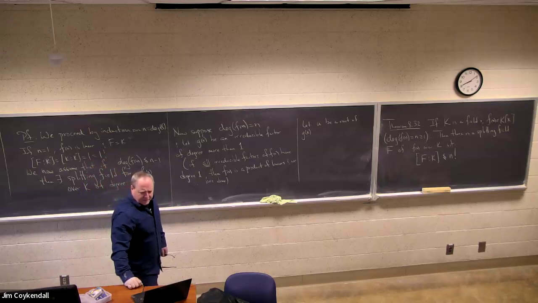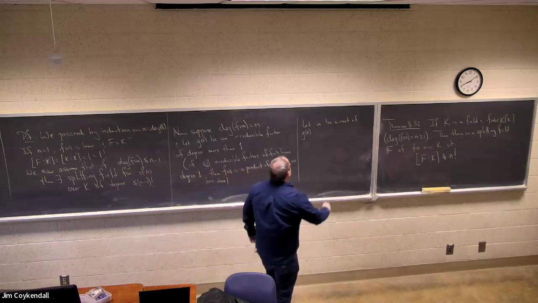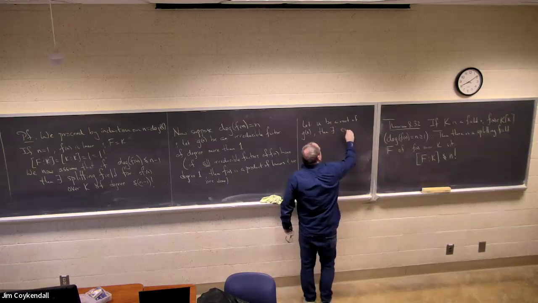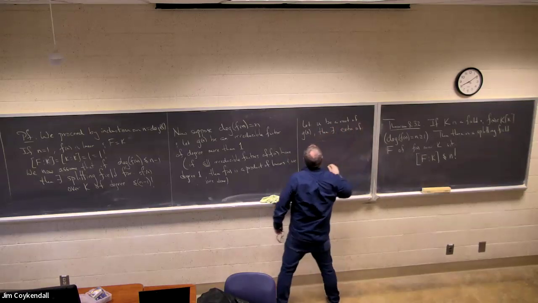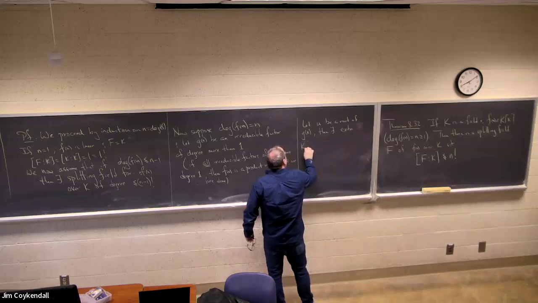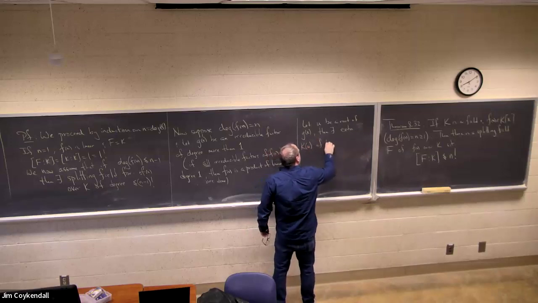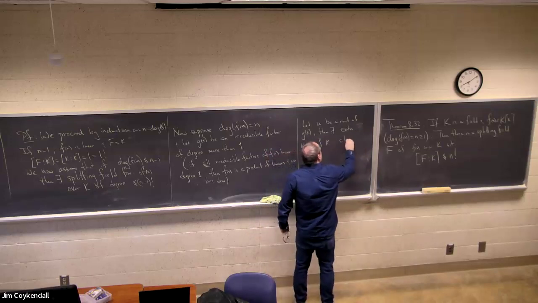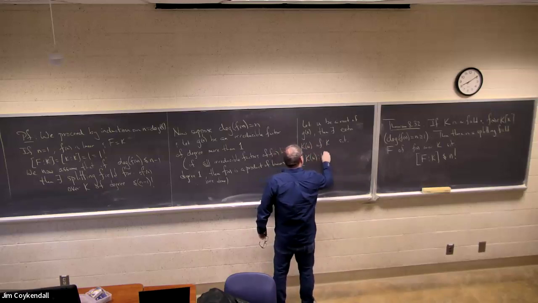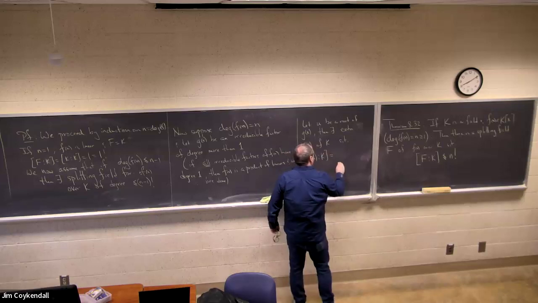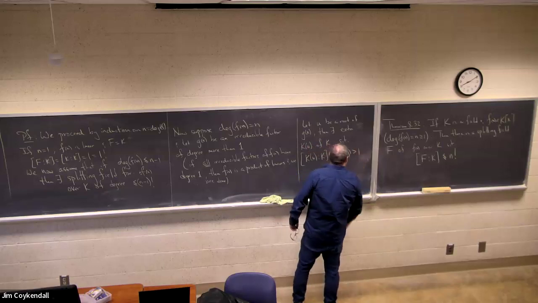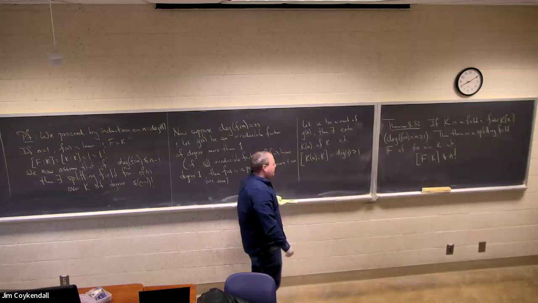Then there's an extension K(u) of K such that the degree of K(u) over K is equal to the degree of g of x, which is bigger than 1.